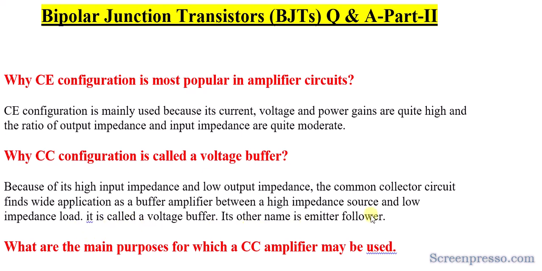Its other name is emitter follower. The common collector configuration is also called emitter follower circuitry. It finds most of its applications as a buffer amplifier because of its very good property of high input impedance and low output impedance.